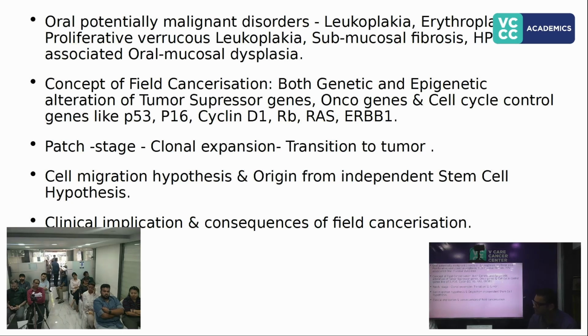That's called the patch stage. Once these monoclonal populations expand themselves, that is clonal expansion, and then ultimately there is a disruption of the basement membrane, and finally it appears as an invasive squamous cell carcinoma. For these dysplastic cells, there are two hypotheses. One is that due to saliva there is micrometastatic drop metastasis into different parts of the oral cavity.